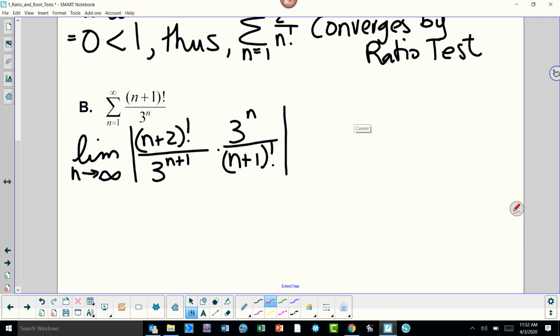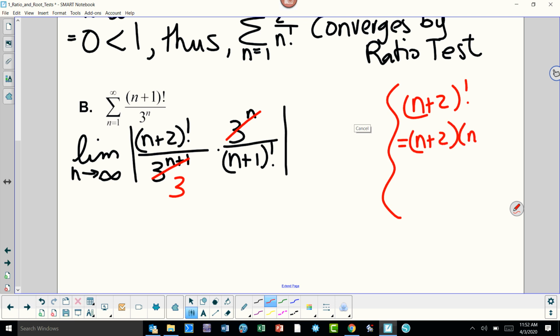Then again, reduce everything carefully. So 3 to the n over 3 to the n plus 1 means there's one more 3 down here in the bottom. That's all being multiplied, so I'm left with a 3. N plus 2 factorial means n plus 2 times n plus 1 times n factorial.